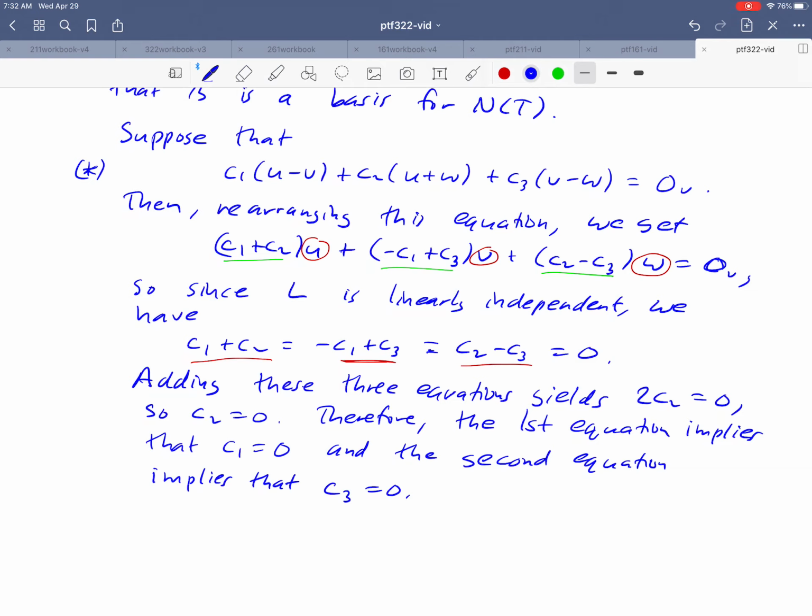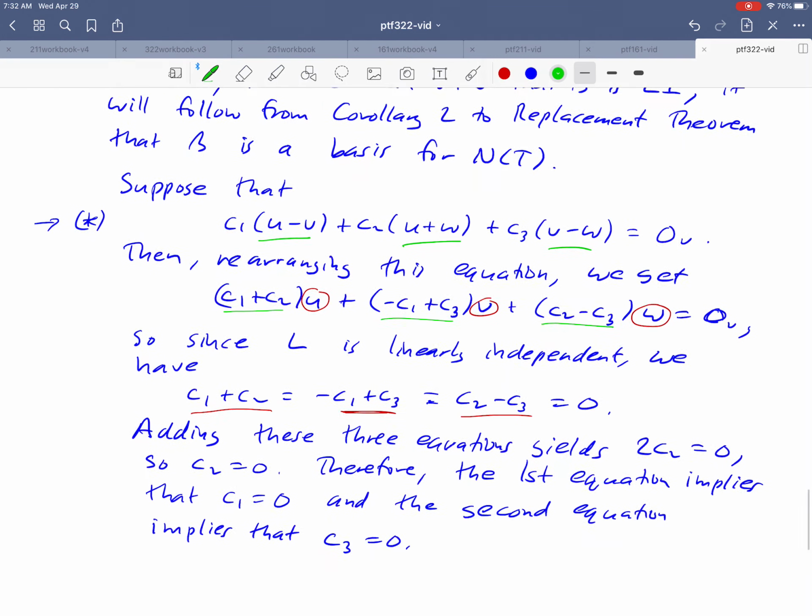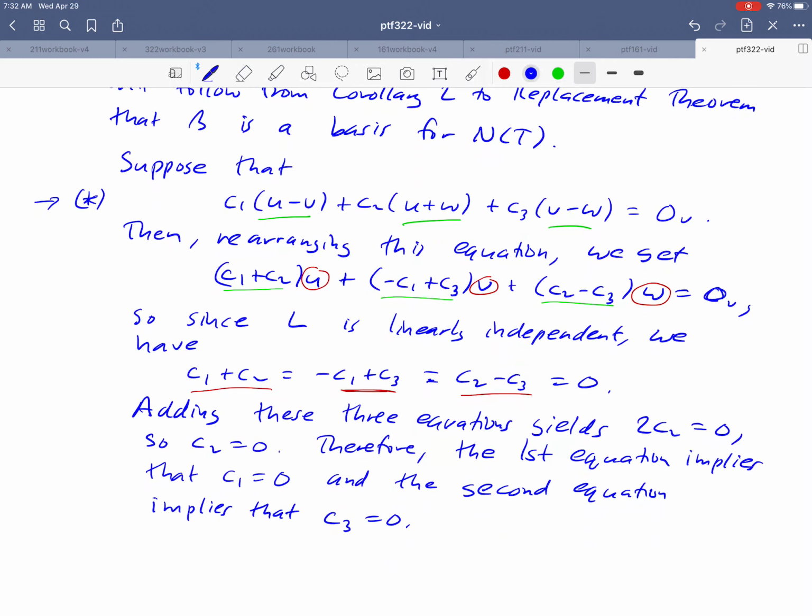If we take stock of where we're at, we've demonstrated that C1, C2, and C3 are all equal to 0. Going back up to equation star, we've just demonstrated that equation star has only the trivial solution. That's exactly what it means for the three vectors to be linearly independent, and that's what we wanted to show here.